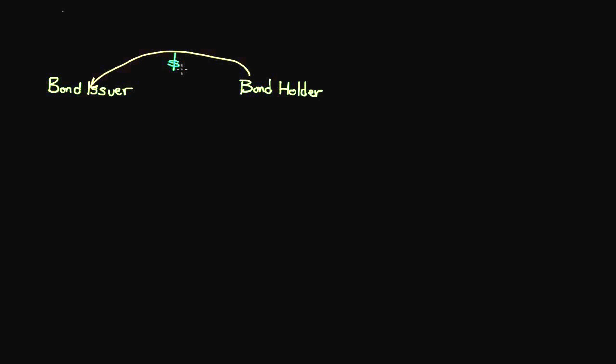And so the bondholder is going to commit financial resources. They're going to give the bond issuer money so they can use that for various things. Now, in return, the bond issuer, at a specific point in time, is going to repay that money, and usually with interest.